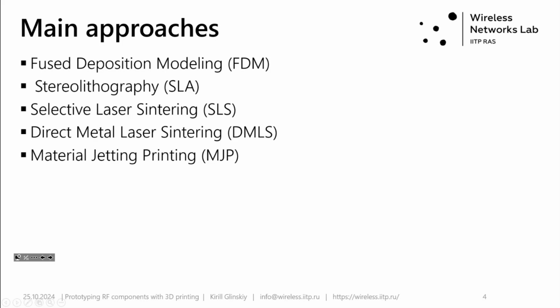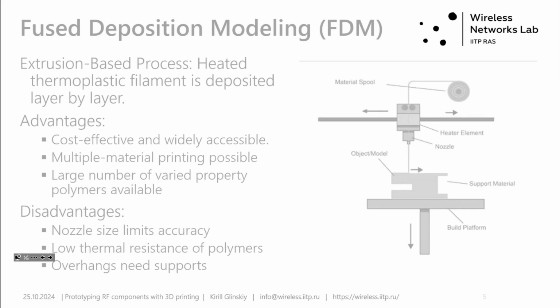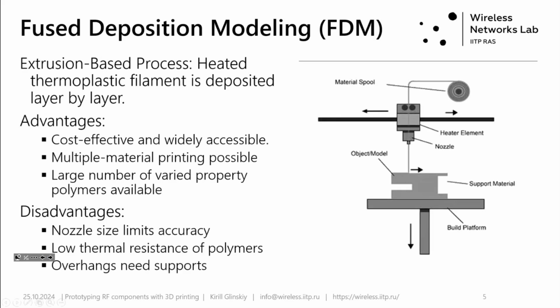So I would like to start with the most popular and well-known one. This one is called fused deposition modeling, and it's probably the one you think about when somebody calls something 3D printed. It's an extrusion-based process where we have a long line of filament of polymer material, which is spun onto a spool, and then is extruded through a heated nozzle to print the material layer by layer.